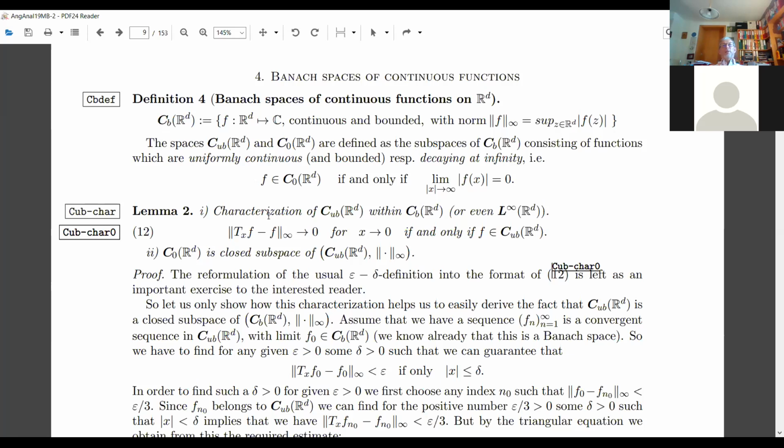However, if you multiply a uniformly continuous function with a bounded function, you will not preserve the better property of uniform continuity. Just take the example that a uniformly continuous function could be constant 1. So multiply constant 1 with maybe a chirp signal. We've seen chirp signals; constant 1 times a chirp is a chirp.